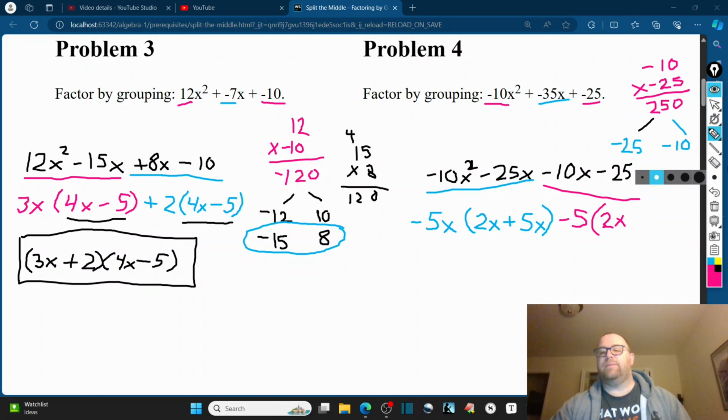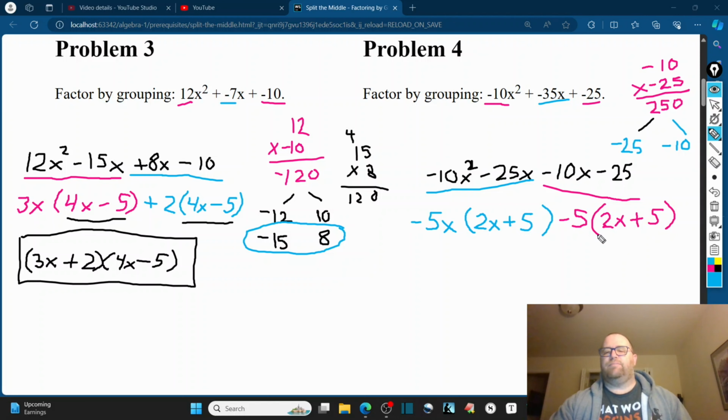And I made a mistake here. When I divided negative 25x by negative 5x, I wrote positive 5x. It's just positive 5. So, if you see an error, correct yourself. Okay, negative 25 divided by negative 5 is going to be plus 5 as well.